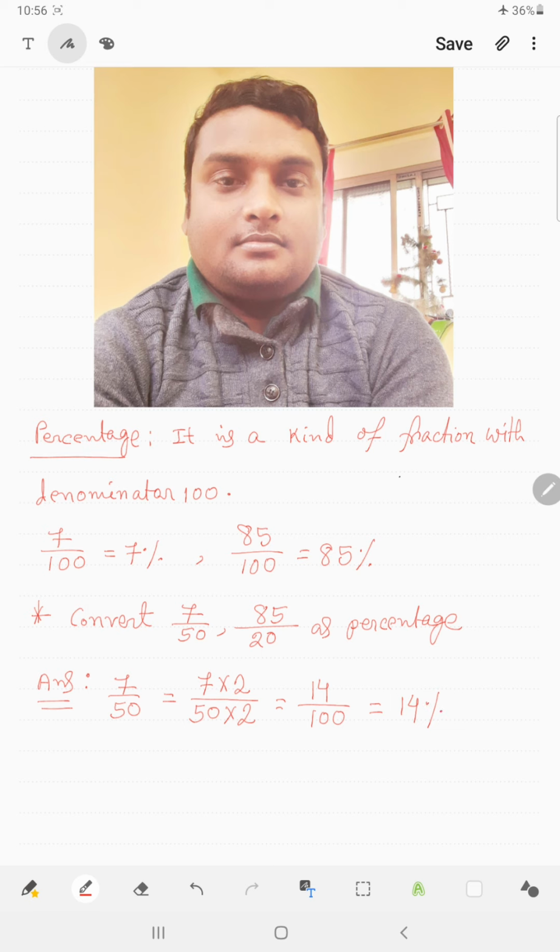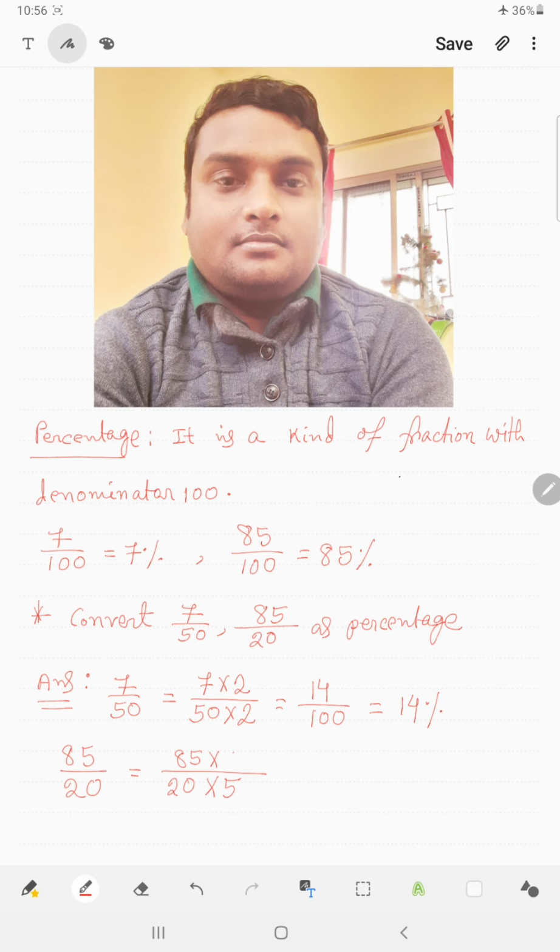Okay, and one more I have written here, that is 85 by 20. If you have to convert this into percent, how will you convert it? Very simple, you have to multiply this denominator by 5.